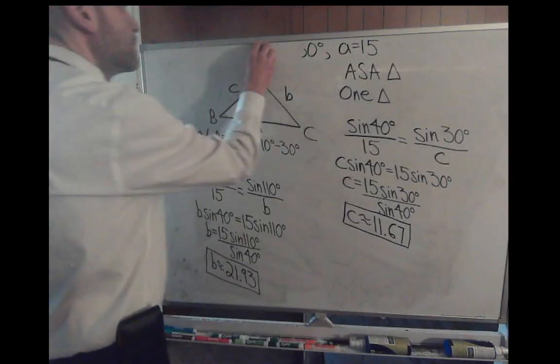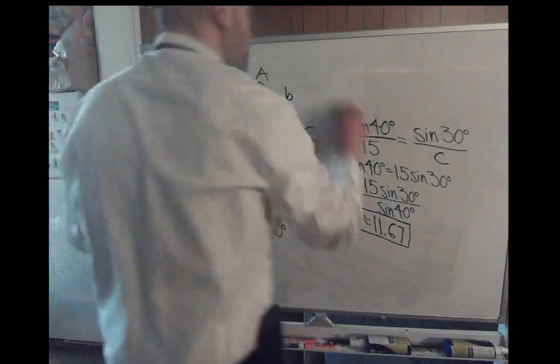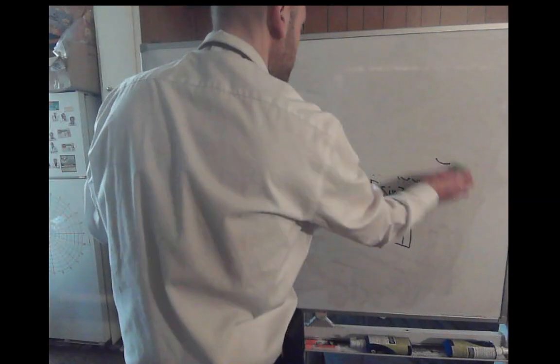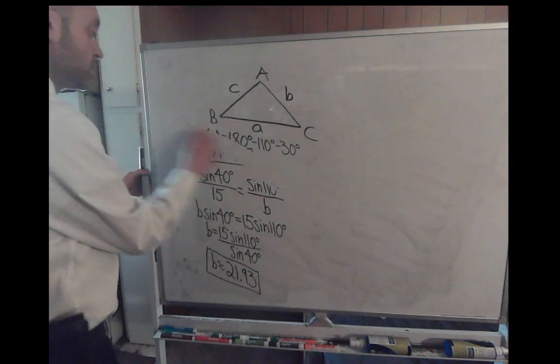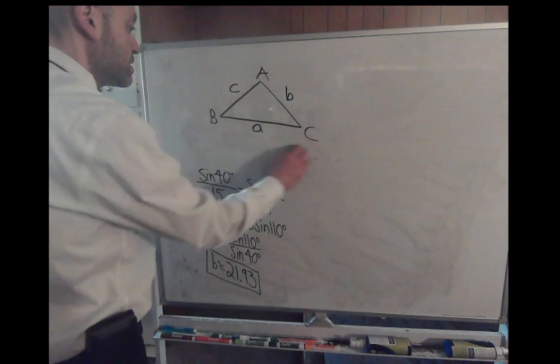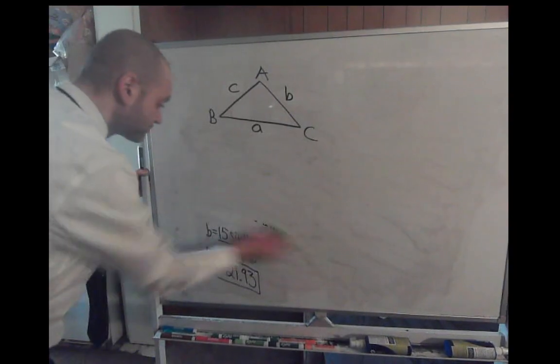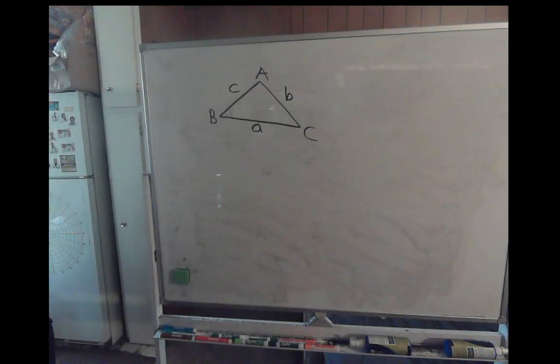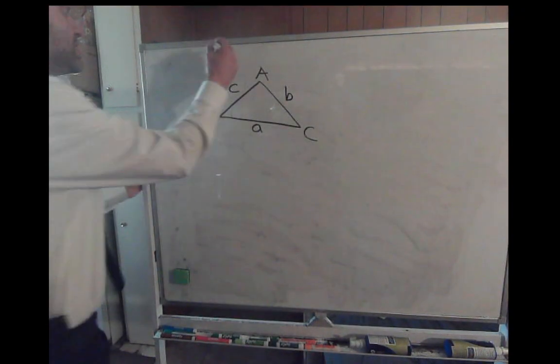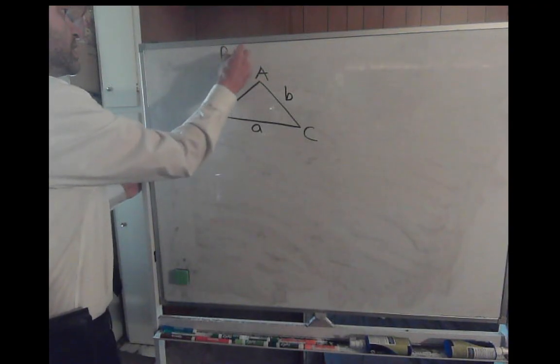All right. What do we got? We have B is equal to 130 degrees.